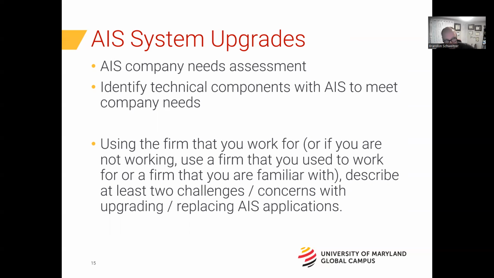They have the basic, the plus, the advanced, the premium, etc. So in thinking about the differences between each level and identifying the company's needs, we can then make recommendations to upgrade or replace the accounting information system. And so think about those kinds of things. What kind of challenges might occur with that process? It's important that we identify the possible challenges so that we can find possible solutions.